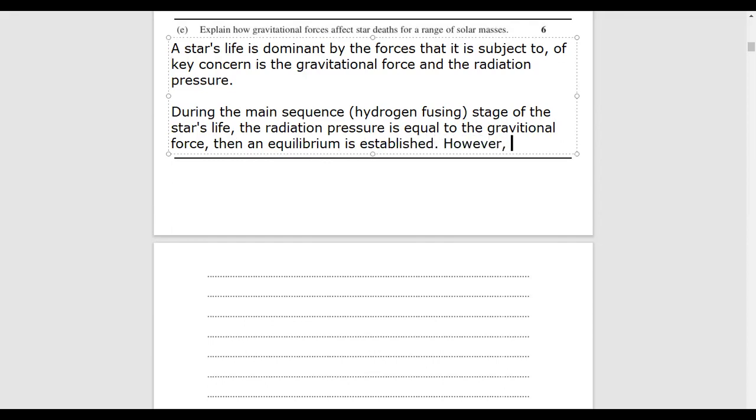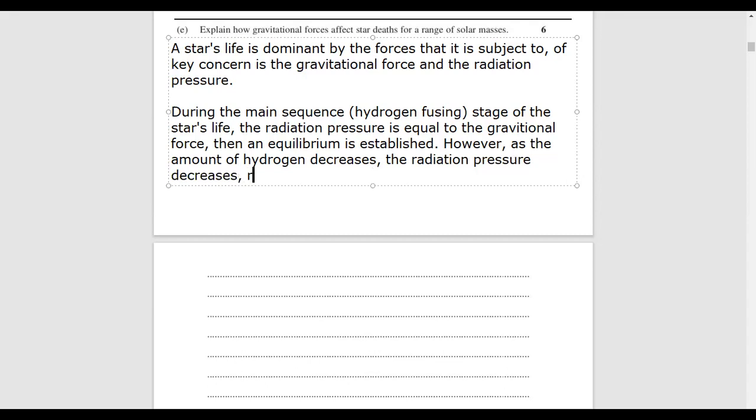However, as the amount of hydrogen decreases, the radiation pressure decreases, resulting in a compression, or contraction, in the core.